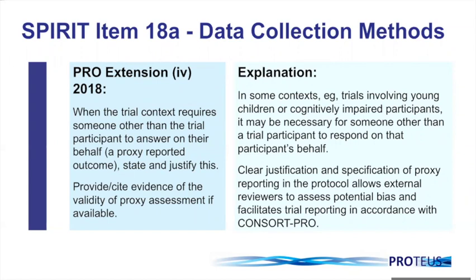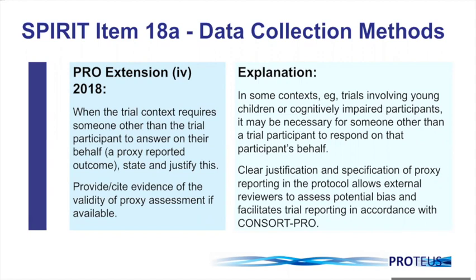Well, in some contexts, for example, trials involving young children or cognitively impaired participants, or potentially in palliative care trials, it may be necessary for someone other than the trial participant to respond on that participant's behalf.